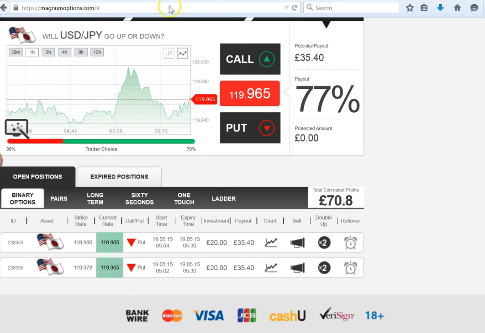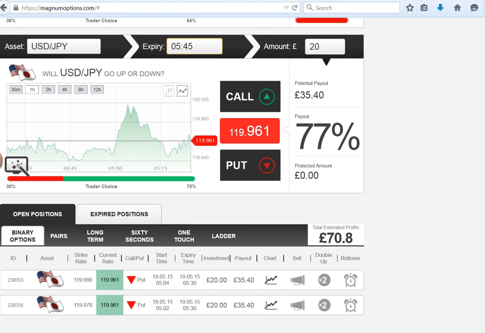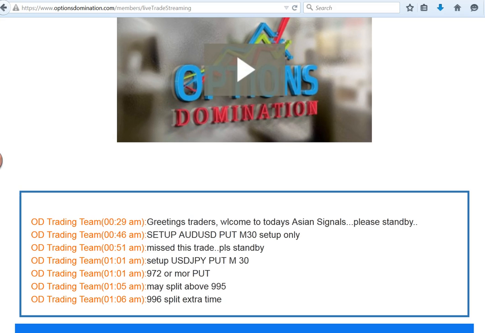This is one of my brokers. I've invested a small amount today, obviously, because there is one more trade to go. Usually we have 2 trades during a session, but during the course of the trade, we have splits. So in this particular case, the first trade, Aussie dollar, US dollar, was cancelled because we missed the trade.